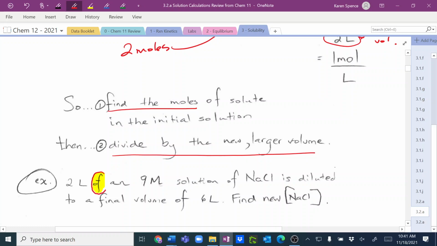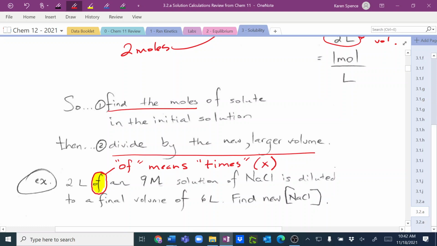Does anyone know what "of" means in math? It means multiply. It means times. Okay? So in other words, you're going to multiply.